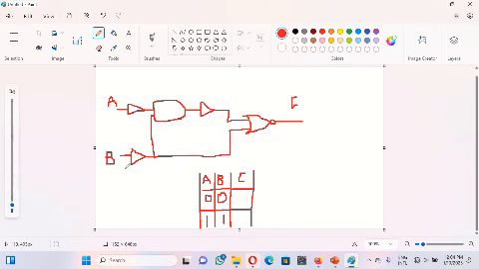Now one thing we should note is that from the input to the early stage of the output, that whole area is what is known as the intermediate output.